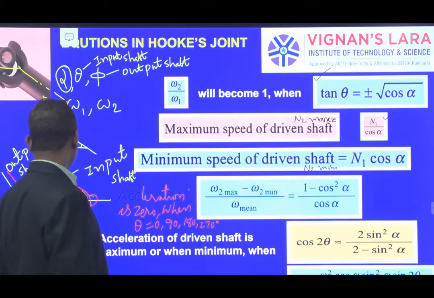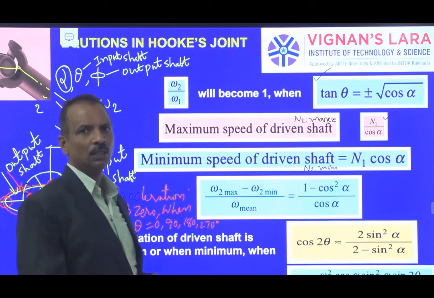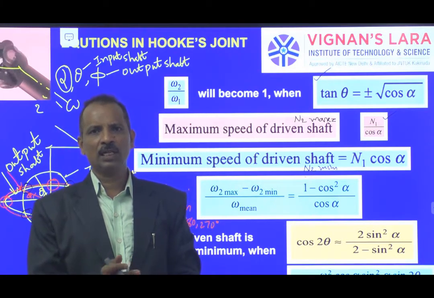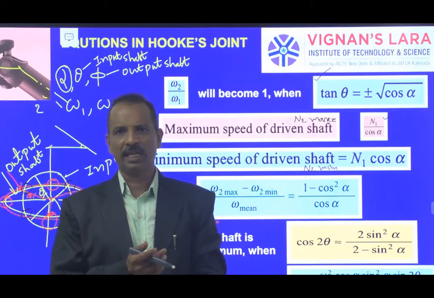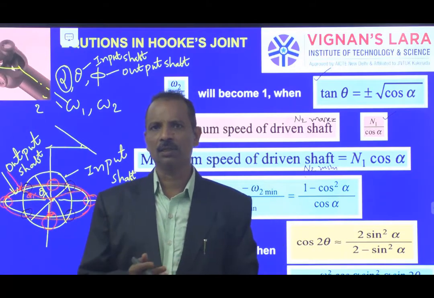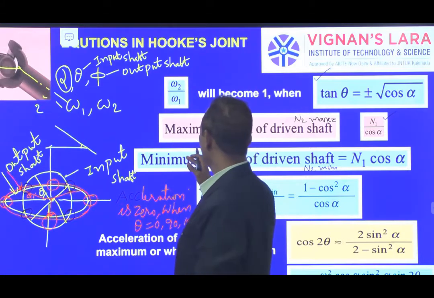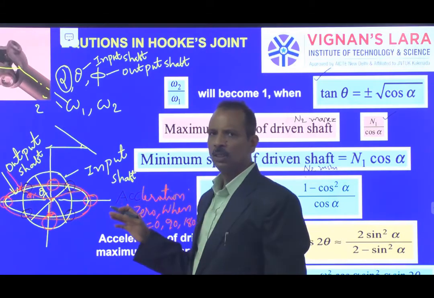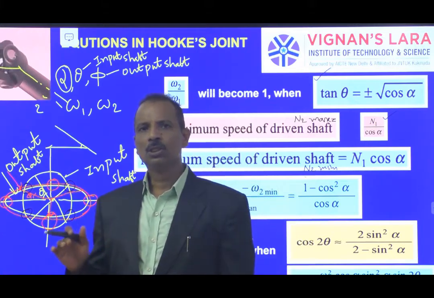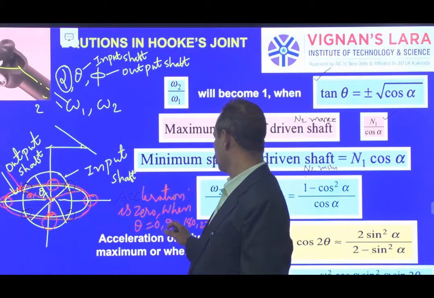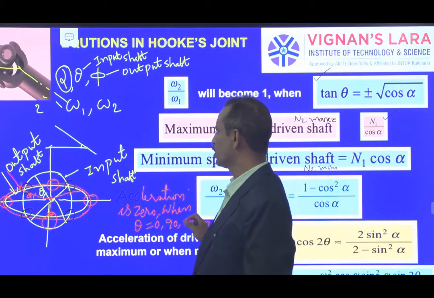Similarly, the driven shaft will have maximum acceleration, minimum acceleration that is negative, and zero acceleration. You have zero acceleration when omega 2 by omega 1 is maximum or minimum. That will take place when theta is equal to 0, 90, 180, 270.